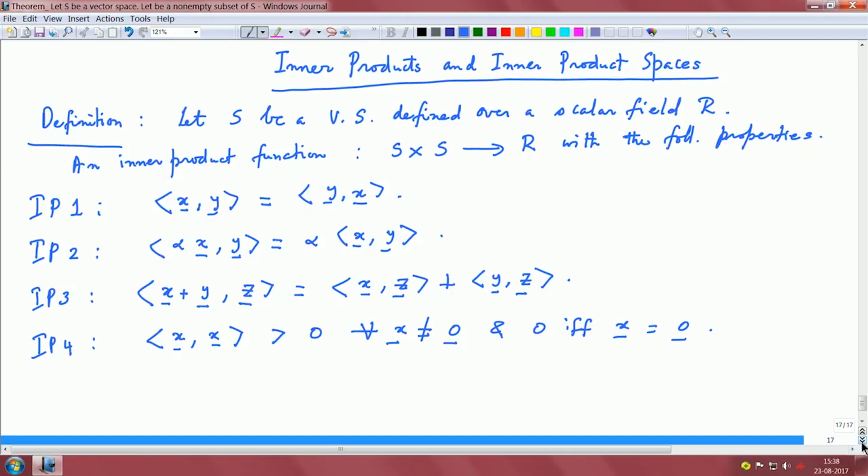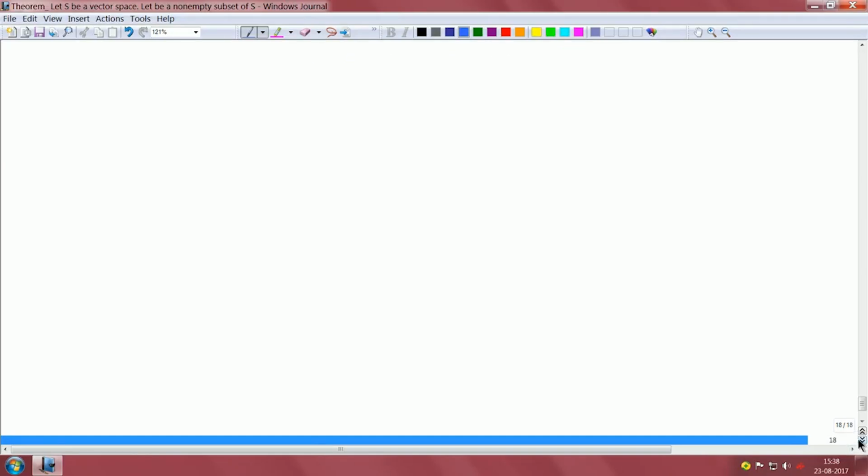So, once we have the inner product defined, we have something known as the induced norm, right. So, in L2 spaces, if you recall, we did L1, L2, so on, L infinity, right. We define basically the geometry of these Lp spaces.